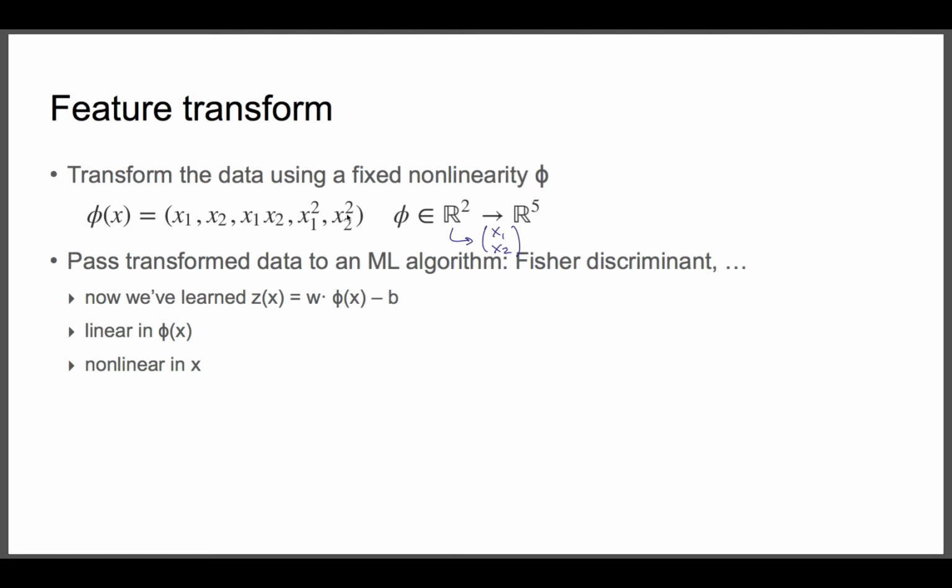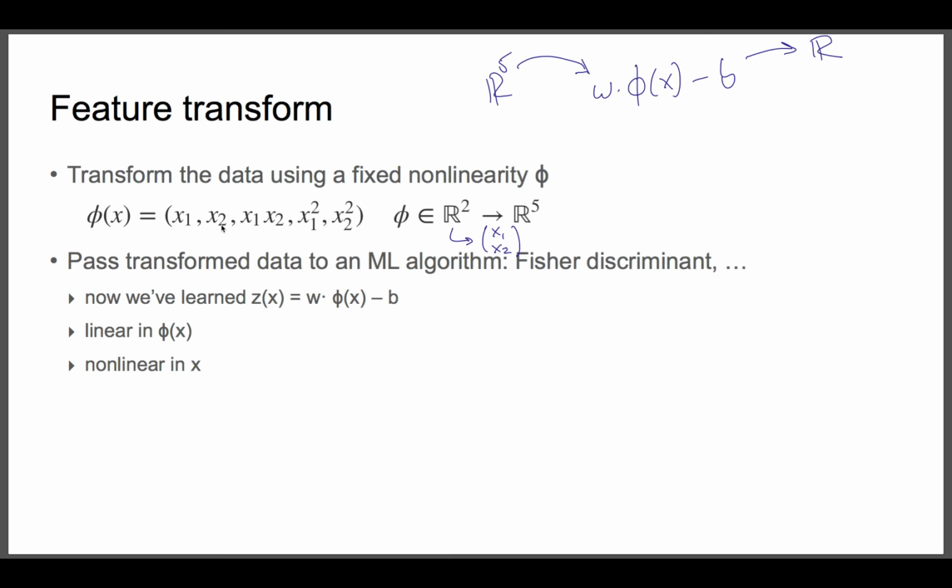So in particular, if I learn a classifier of the form w dot phi of x minus b, now here w is in R5, just like phi of x is, and b is still just a scalar. So if I learn a function like that, what can I do? Well, first let's figure out what kind of function this is.